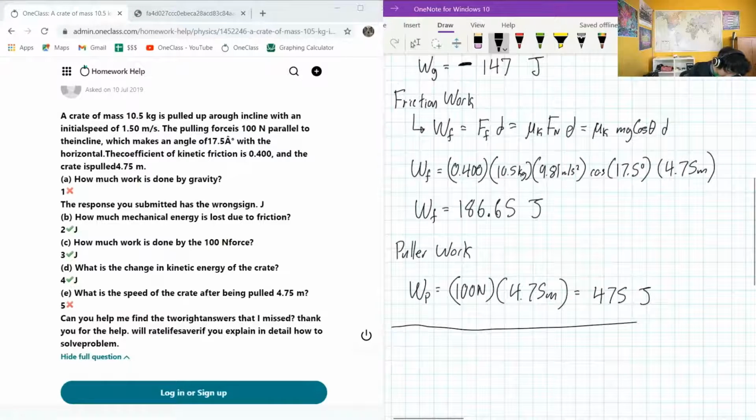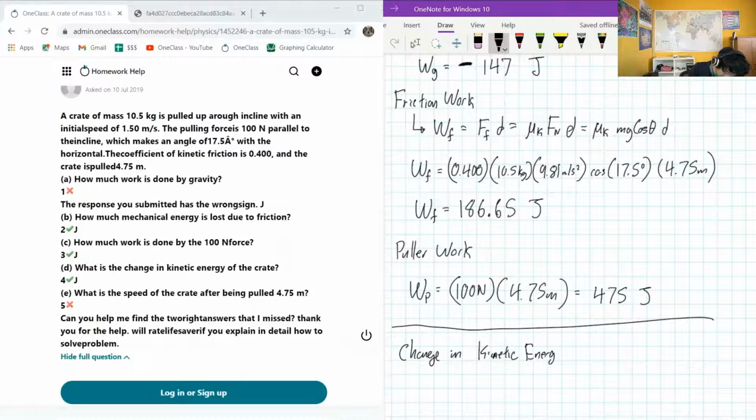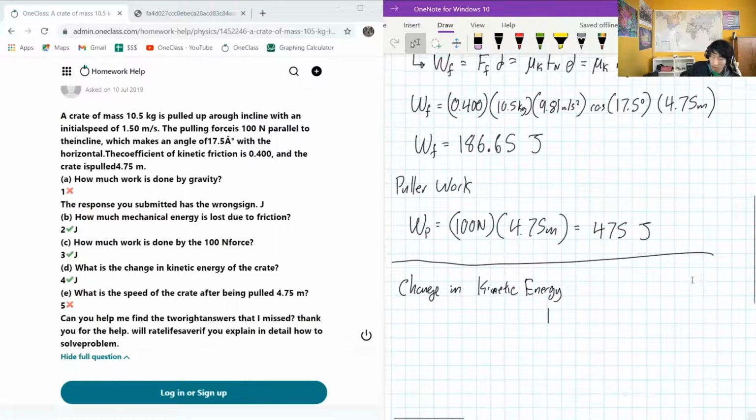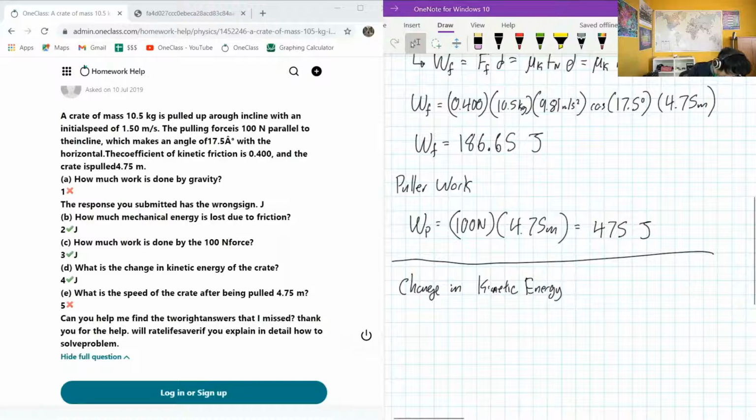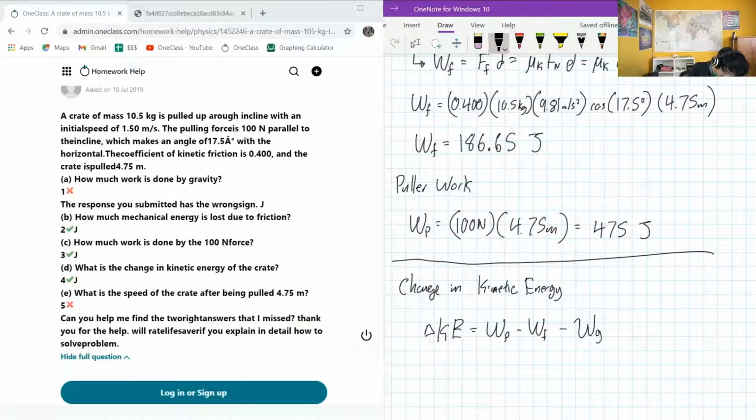So the change in kinetic energy, let's just call that delta KE, is going to be equal to the work of the puller minus the work done by friction minus the work done by gravity.